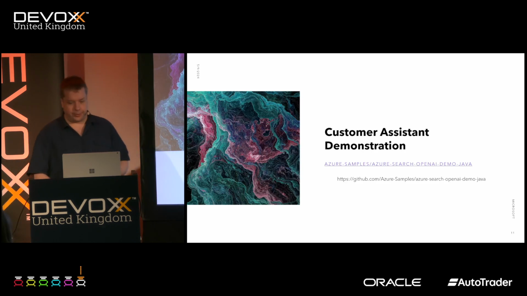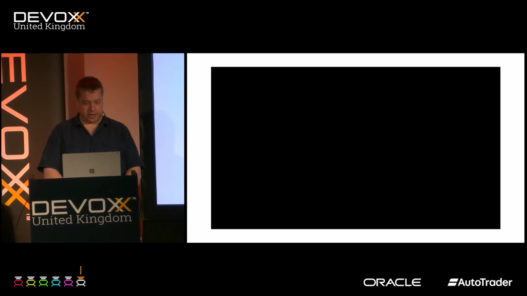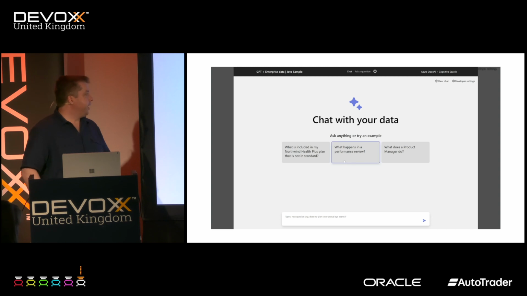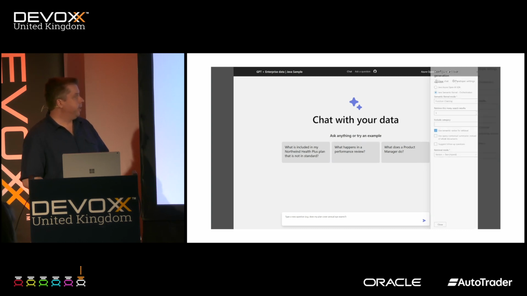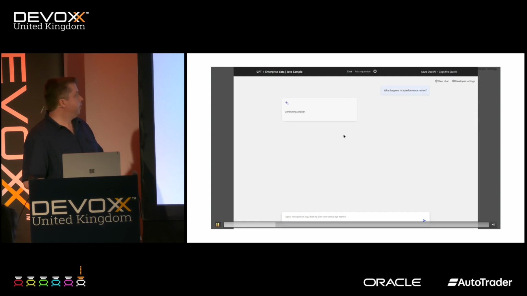So, I'm just going to do a quick demo of our customer assistant, which is an example of an HR application that can do the typical talk-to-your-data style chatbot, where you can ask it questions like, what happens in a performance review?